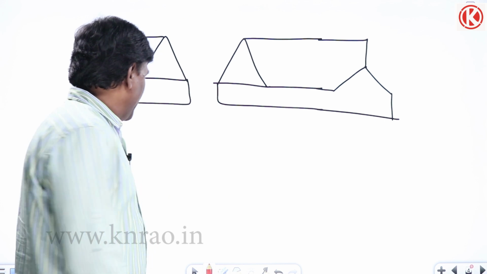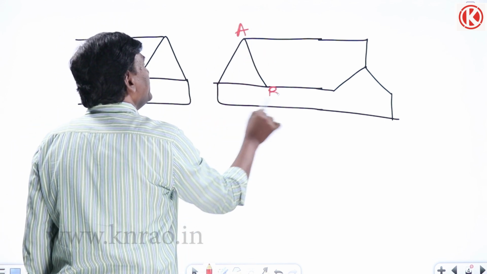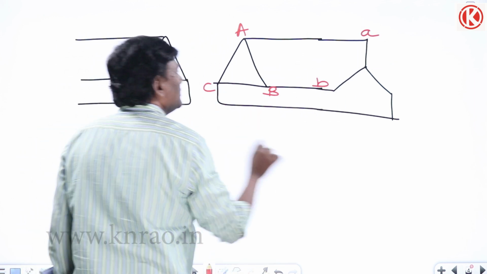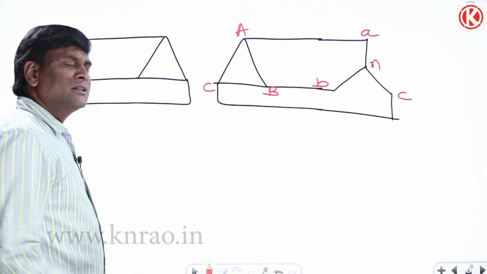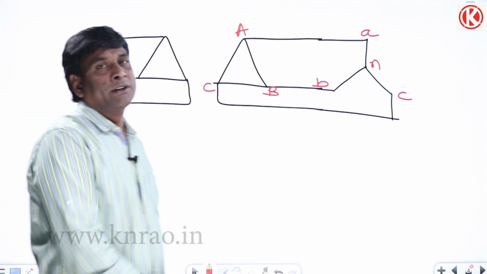Now let us think of this as A, this as B, this as C, and this is going to be neutral. It may take maybe 10 minutes or some time, but we have to understand this.